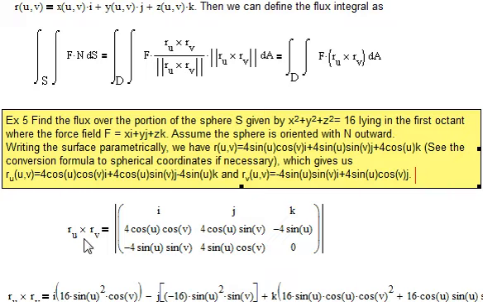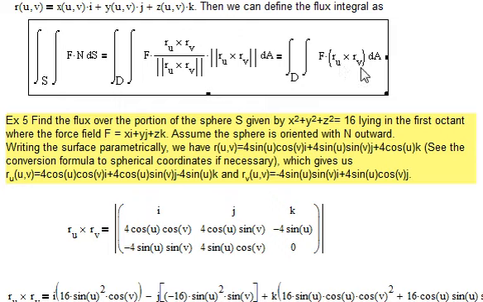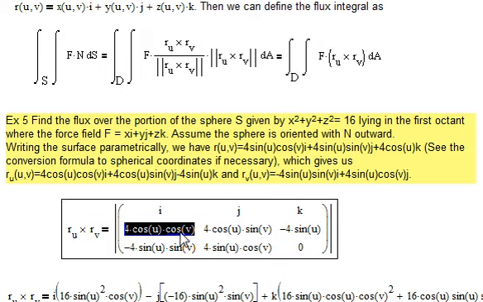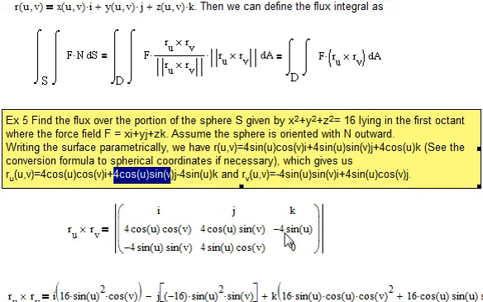So our r sub u cross r sub v, we need that for this part of the formula, is i j k across the top, then 4 cosine u cosine v, that's from here, 4 cosine u sine v from here, and negative 4 sine u from here.